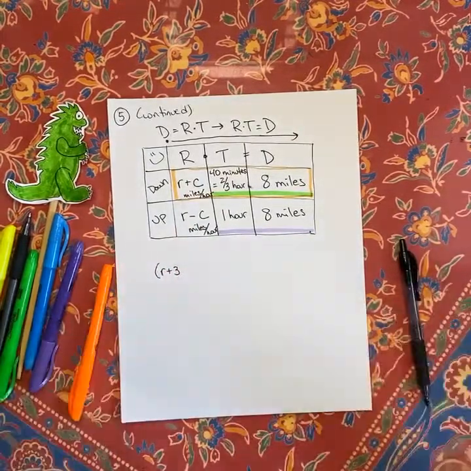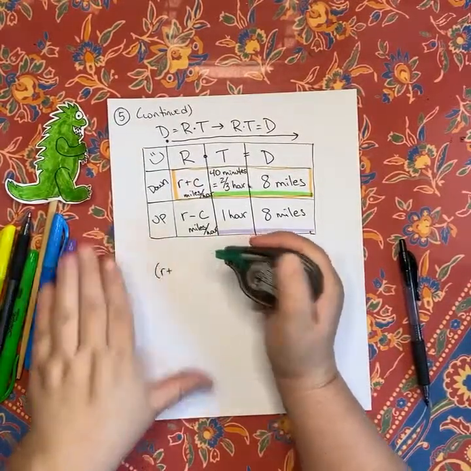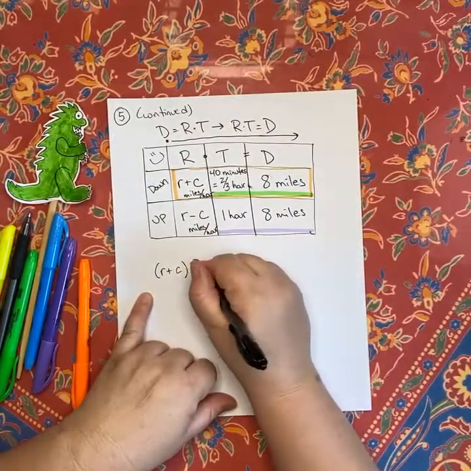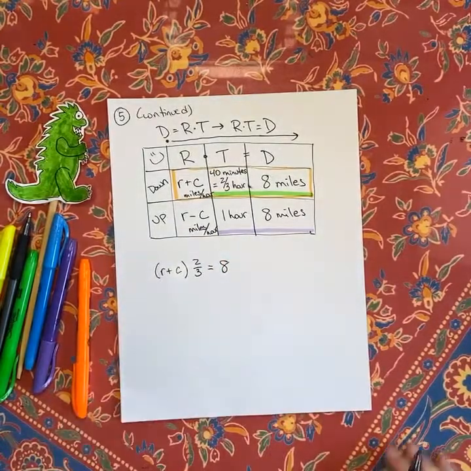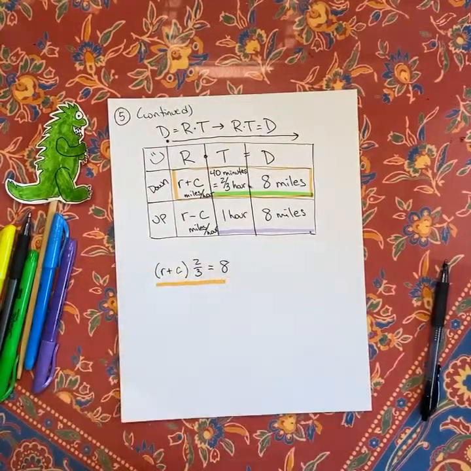Oops. What was that? Sometimes my brain hears C and thinks something else. That's exciting. R plus C times 2/3 equals 8. What do you think? Kind of woohoo? That's the orange one. And then I need another color.